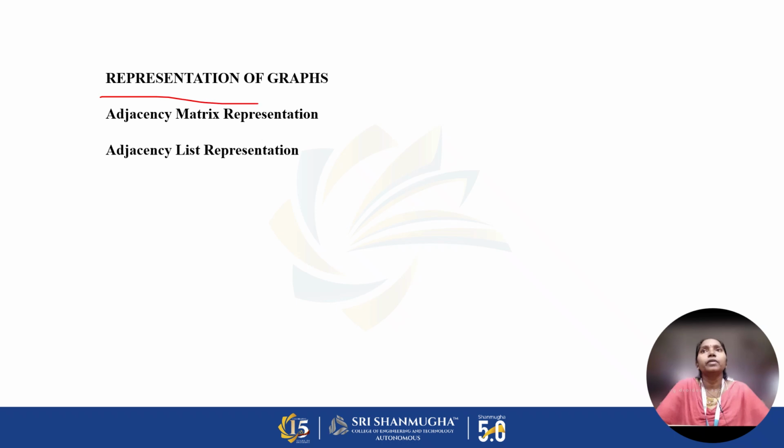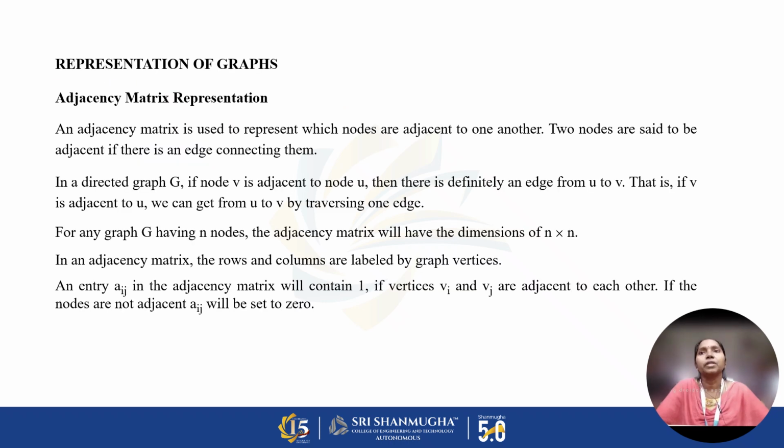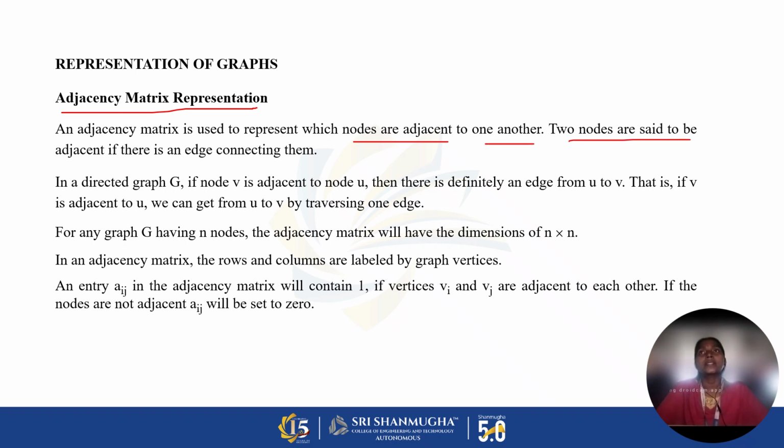Representation of a graph. There are two representation modes: one is adjacency matrix representation and the other is adjacency list representation. Let's start with the adjacency matrix representation. The adjacency matrix is used to represent which nodes are adjacent to another. Two nodes are said to be adjacent if there is an edge connecting them.